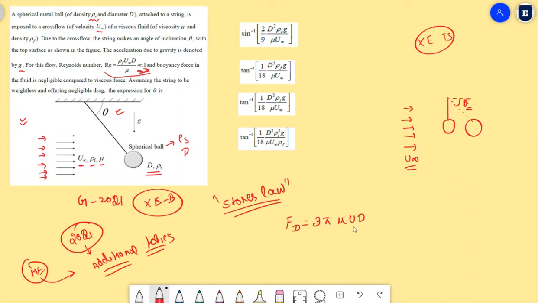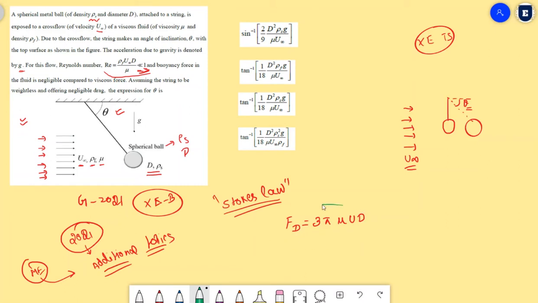Here u is the free stream velocity, d is the diameter of the sphere over which the fluid is going to flow, and mu is the viscosity of the fluid. So the drag force Fd is 3 pi mu u d, where 3 pi we know, mu is the viscosity of the fluid which is flowing, u is the free stream velocity, and d is the diameter of the sphere.